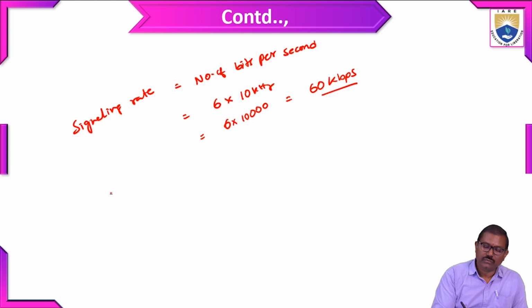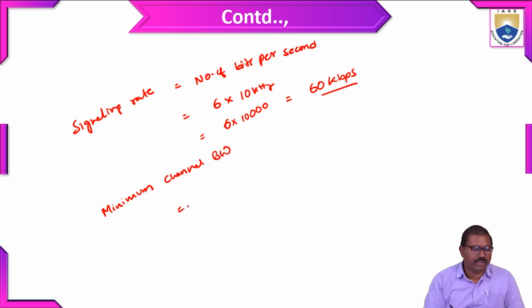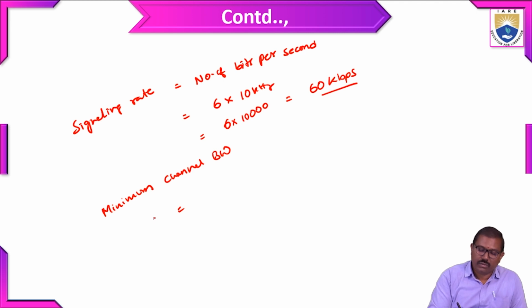Okay. Next one is the minimum channel bandwidth. So what is the minimum channel bandwidth? The formula is bandwidth equal to N into fm.